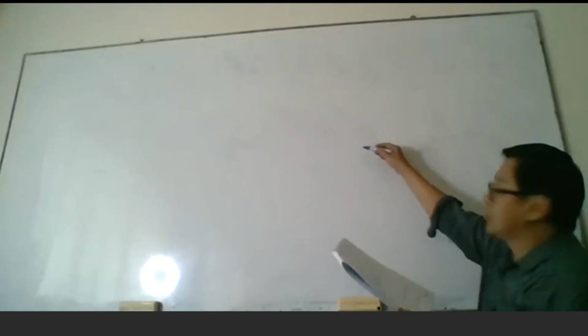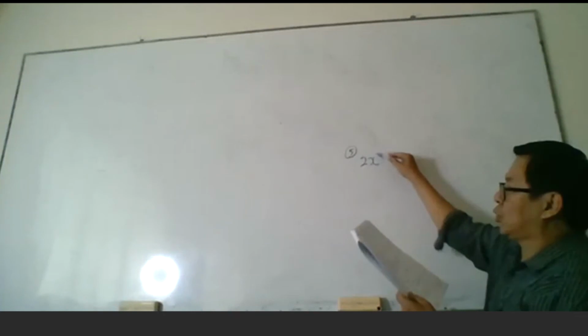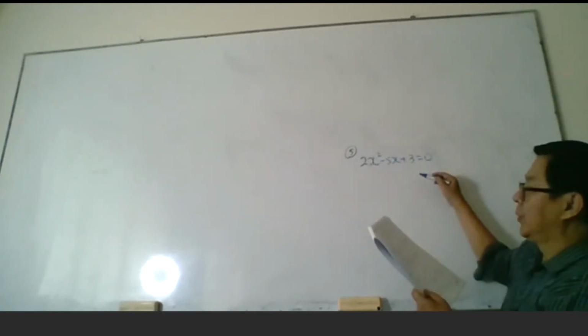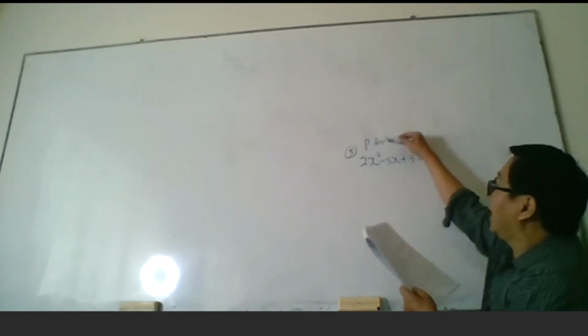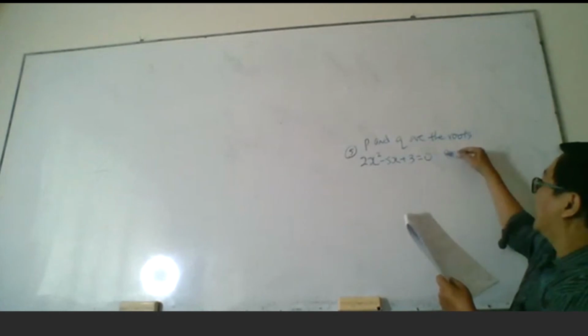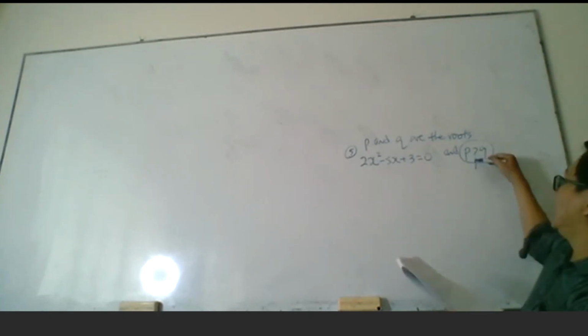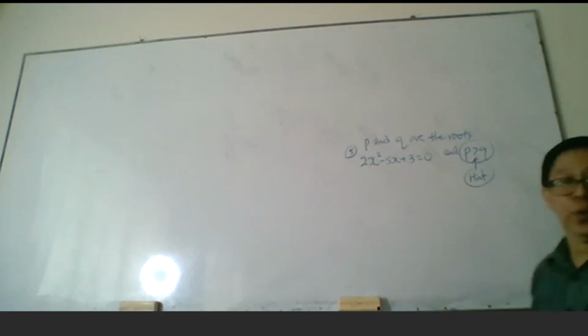Okay, first of all, for your question number 5, it is 2x squared minus 5x plus 3 equal to 0. In the question it says that P and Q are the roots, and P is more than Q. That is the hint for you.